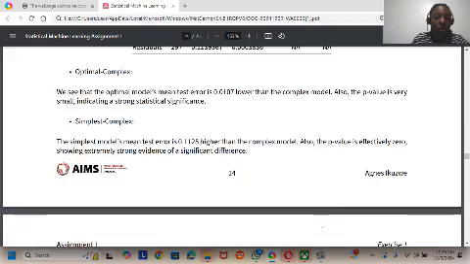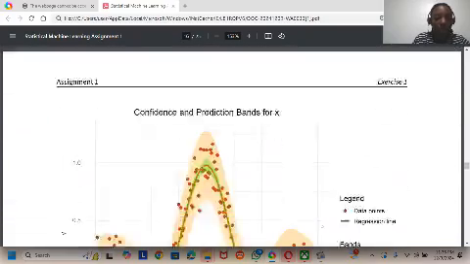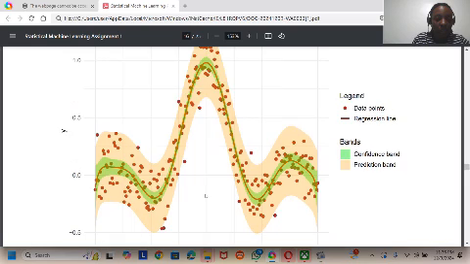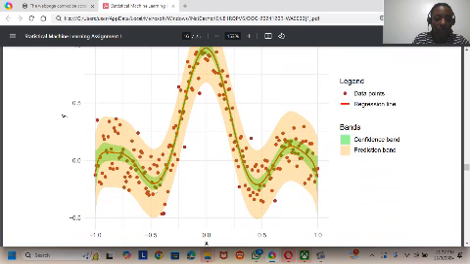I continued by comparing my models using an ANOVA test on the test error from stochastic holdout validation. The confidence and prediction bands for the regression line in this plot represent the fitted values from the optimal model.